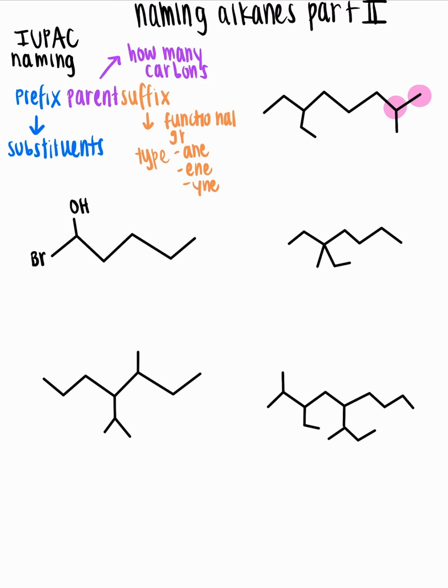Let's just write it. You would do 2-methyl. I'm going to write in blue so you can see how this pieces together. Then again, 1, 2, 3, 4, 5, 6, 7, 8, so it's going to be oct, because you have 8.